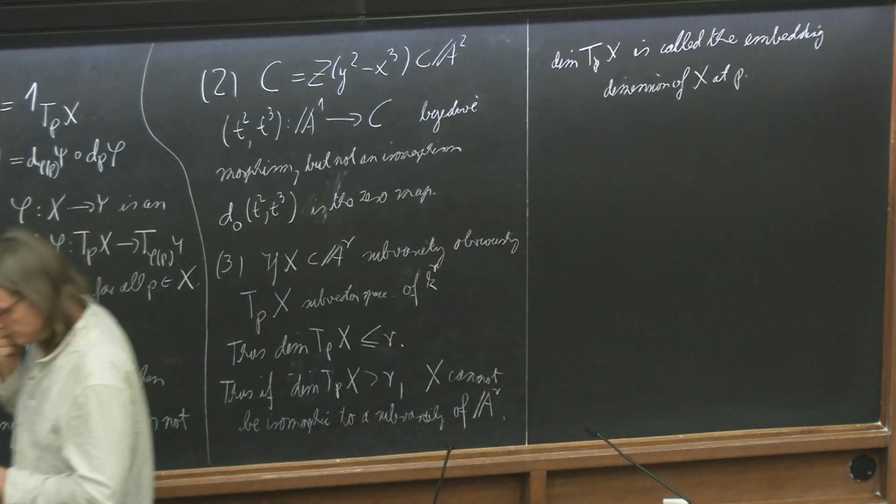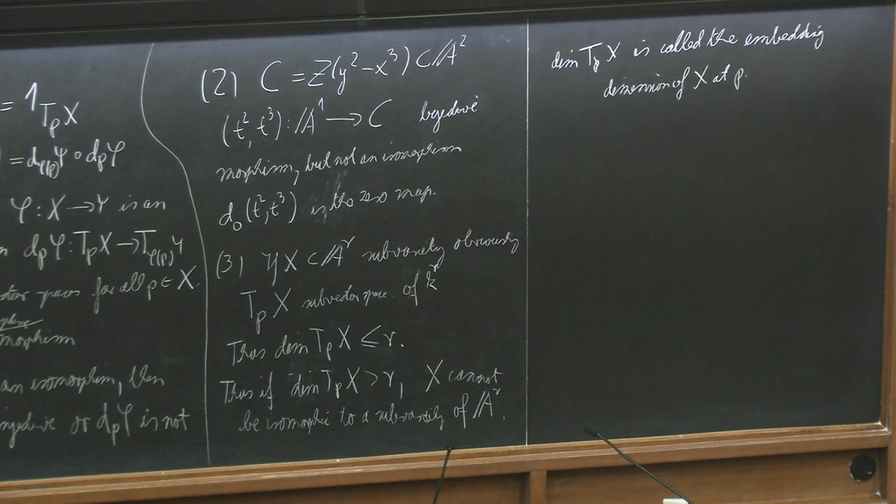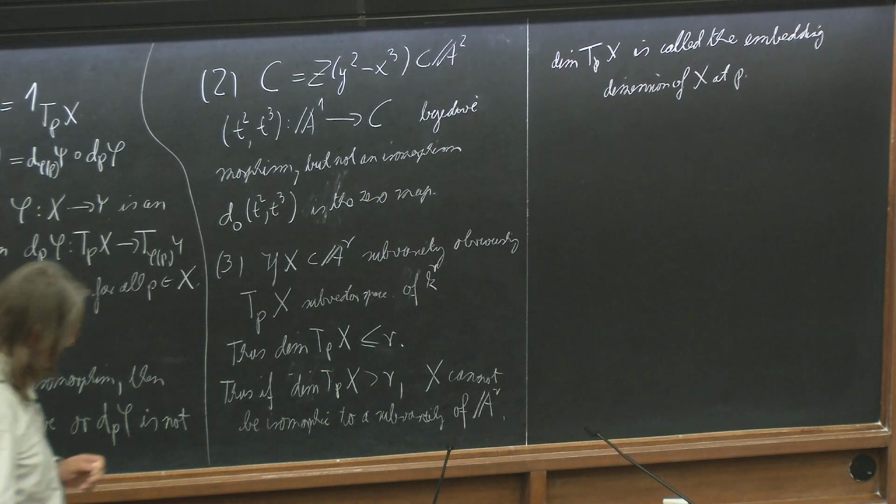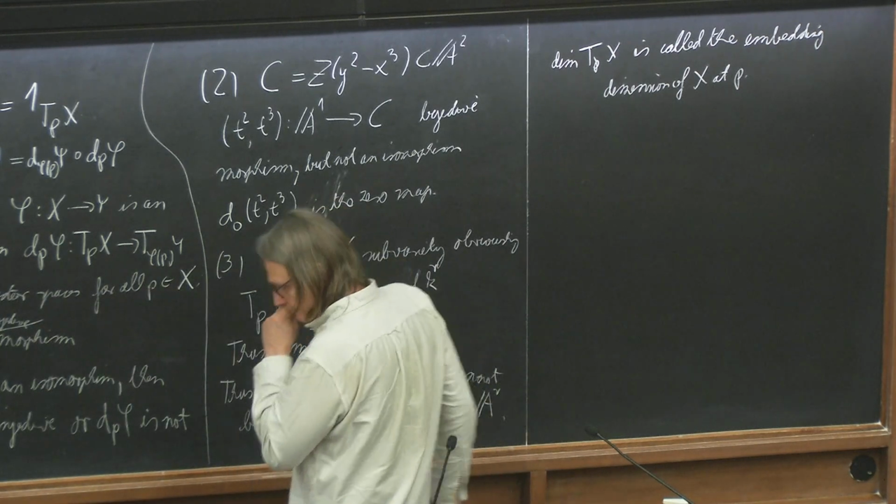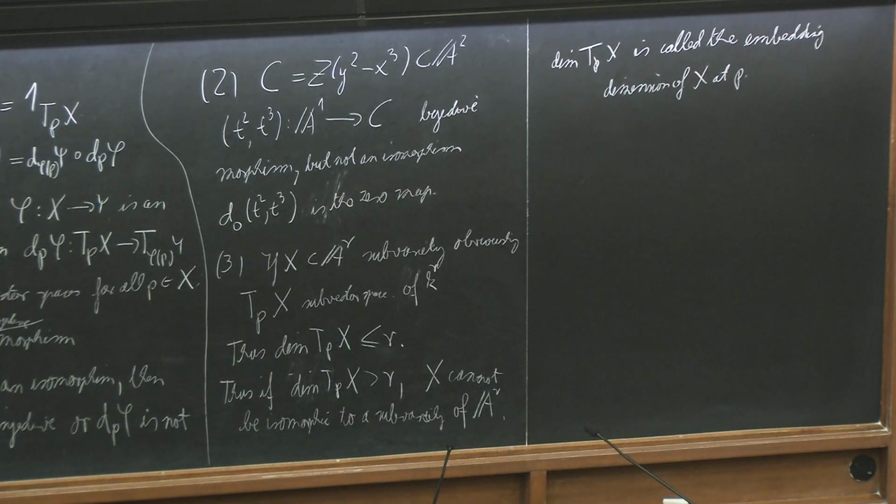So if a variety has a very bad singular point, it means it cannot be embedded in a small affine space. Okay, so now I've done things in the case of affine varieties, but obviously we want to make it work in general.